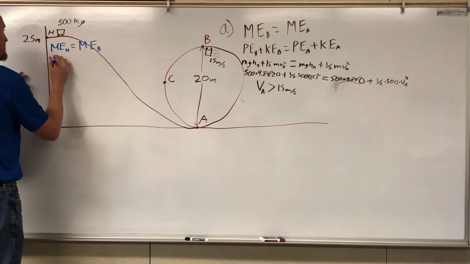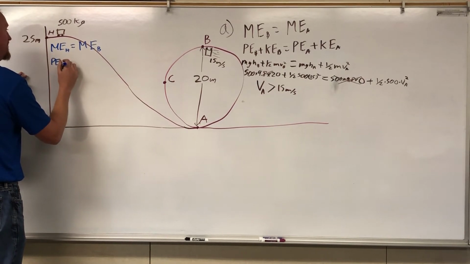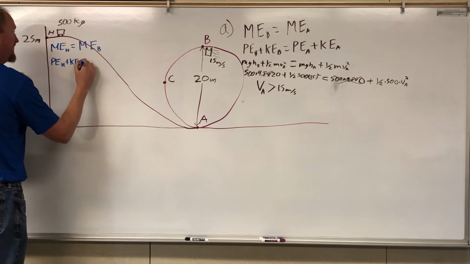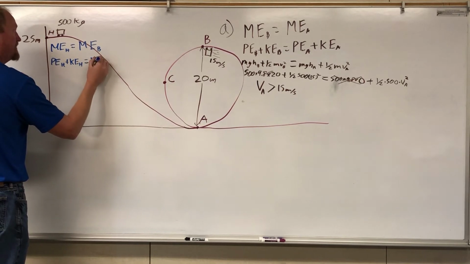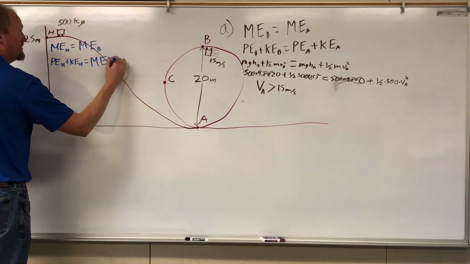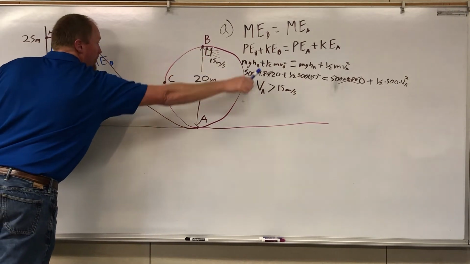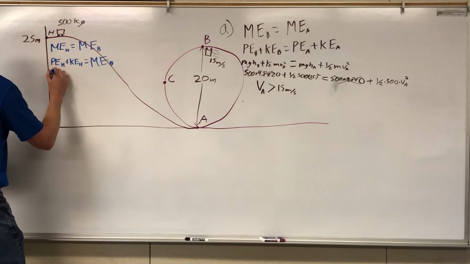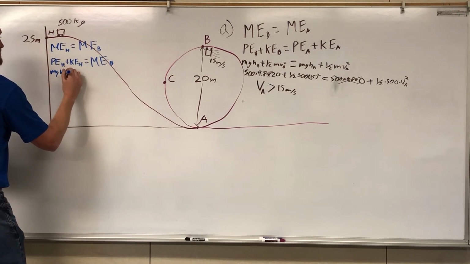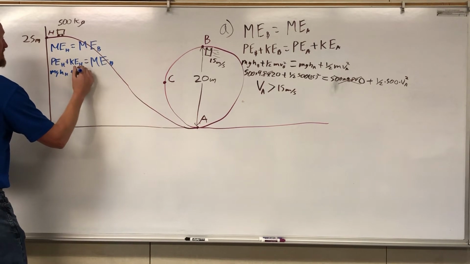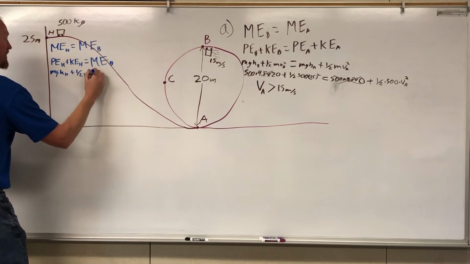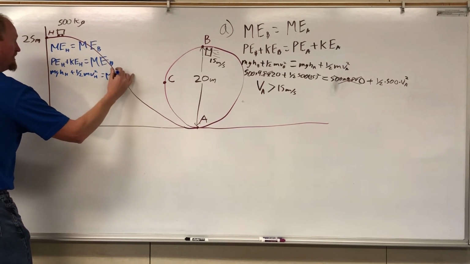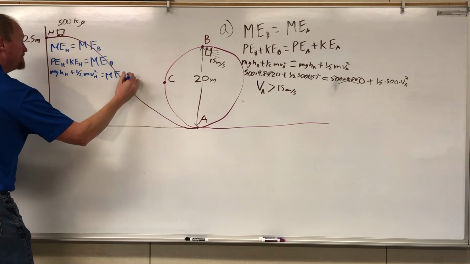But again, it's the potential energy at H plus the kinetic energy at H is going to equal the mechanical energy at B, which you will have already figured out. Potential energy is mgh at H plus 1/2 mv squared at H equals something you've already figured out.